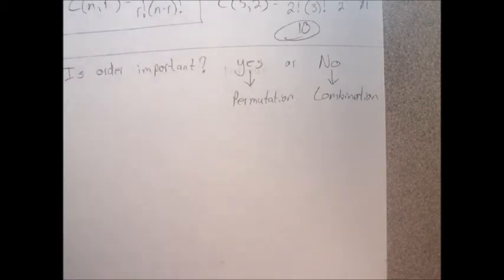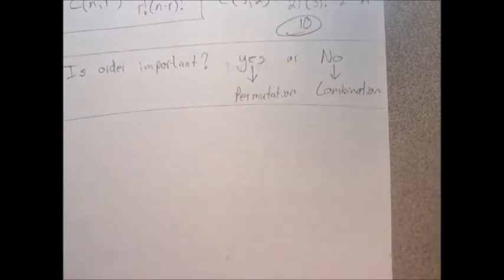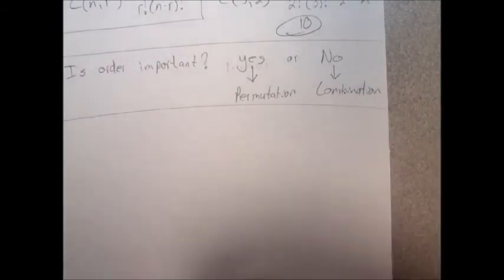Now on B, it says how many different pizza varieties can be created if there are 2 choices of crust, thick or thin, and 2 out of the 3 toppings are selected. So we have to think about this. Is that going to be a combination or a permutation? Combination, it doesn't matter, right? So in order to solve this one, we would take a combination of 2 things.